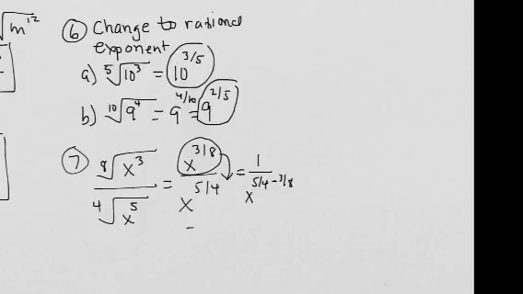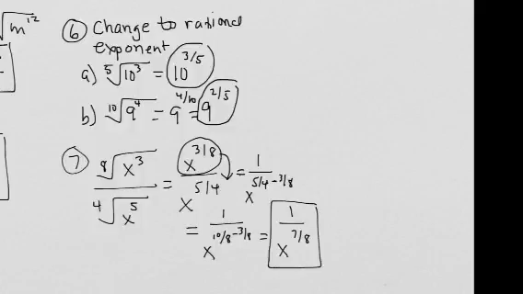So then, to simplify that, let's see, that's 1 over x to the 10/8, that's 5/4, minus 3/8. So the final answer would be 1 over x to the 7/8. You can leave your answer like that. Okay. Another one.